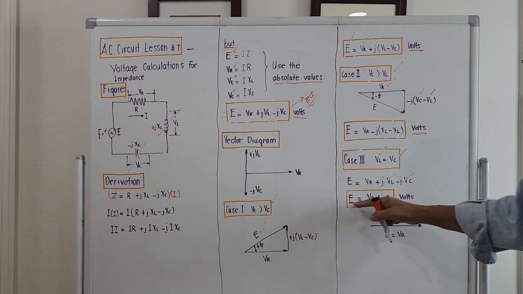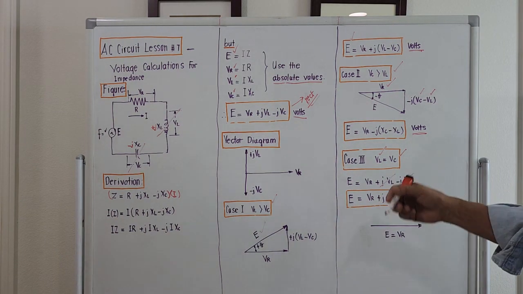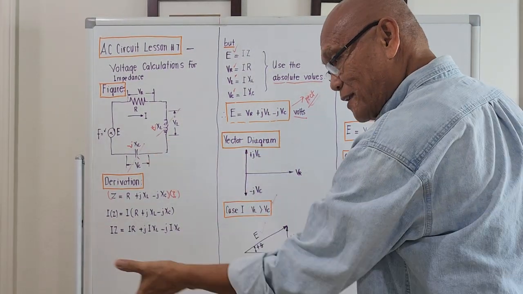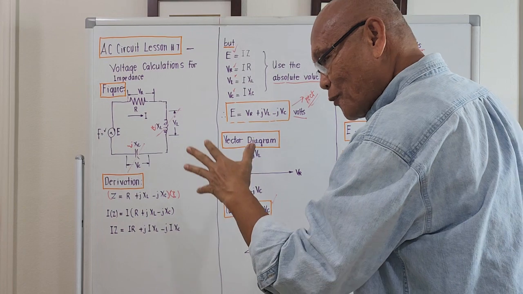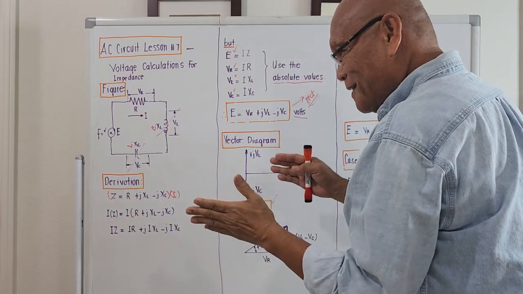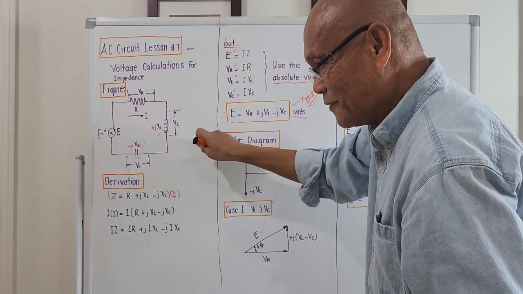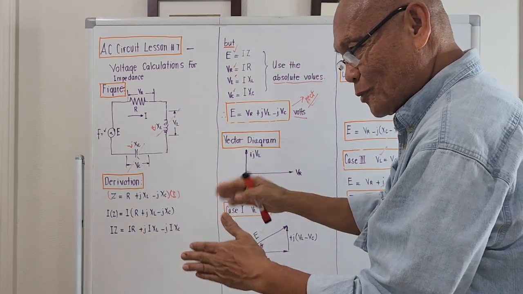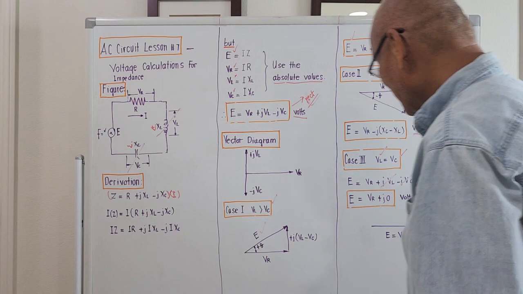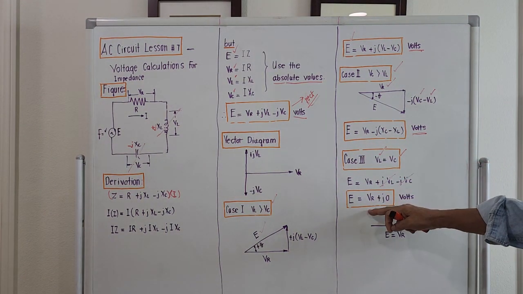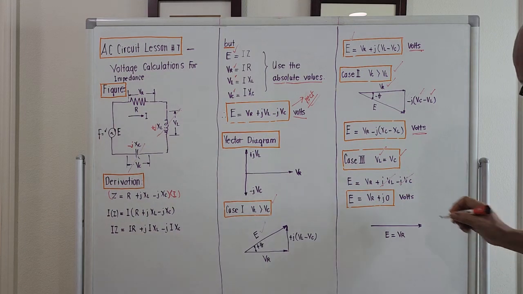It seems we don't have an X sub L and X sub C, but in reality there is. They are performing a job, but what comes out is that they were equal, meaning the power factor of the system is unity. So for case number 3, E will be equal to V sub R plus j0 volts.